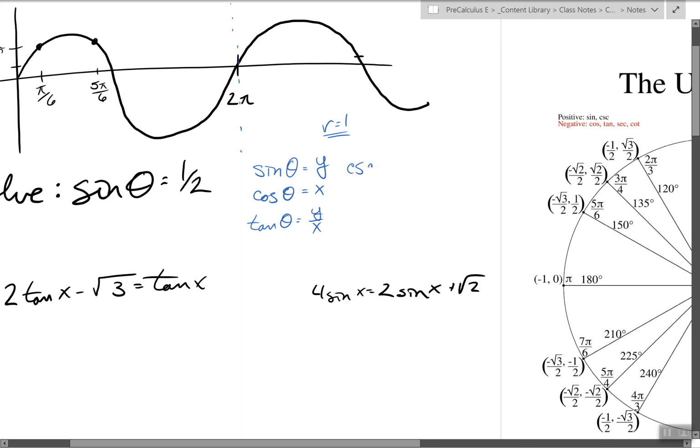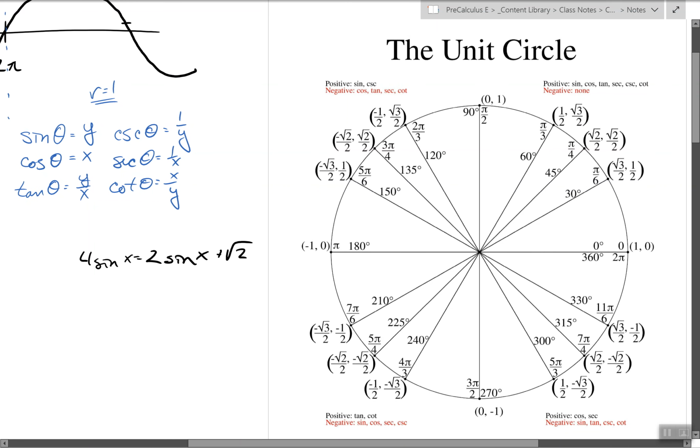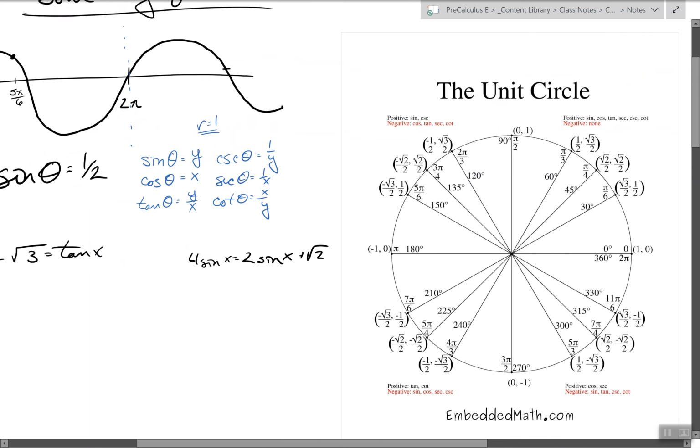Cosecant, the reciprocal of sine, would be r over y, and again r is 1, so it will be 1 over y. Secant is 1 over cosine, or 1 over x, and cotangent is x over y. So we'll be using those ratios in conjunction with the unit circle to find our answers for these problems.